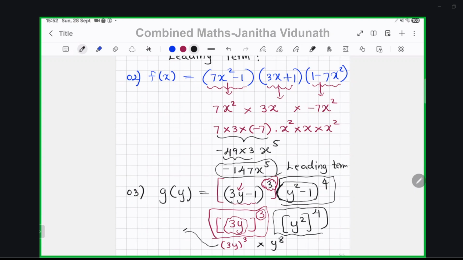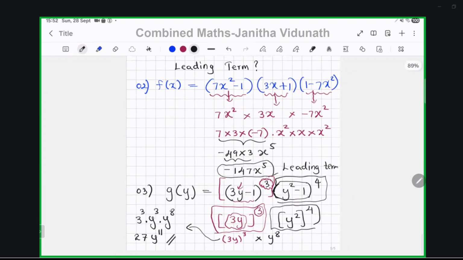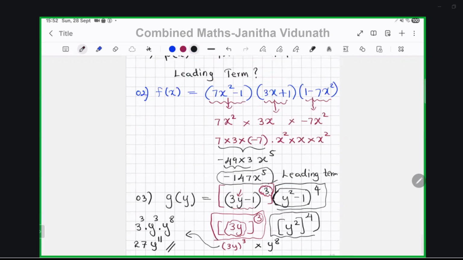Then the highest term is 3 to the power 3 times y to the power 3 times y to the power 8. That means 27 times y to the power 11. This is the highest term of the third polynomial. Simply, we get the highest term of the bracket and we give the power of the bracket to that term.